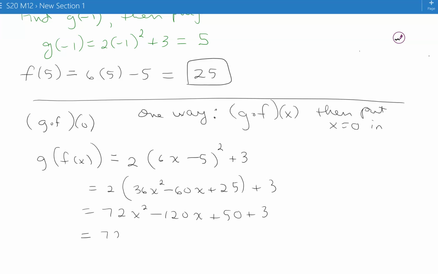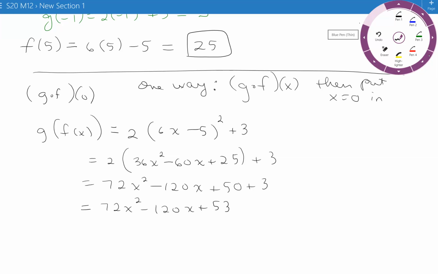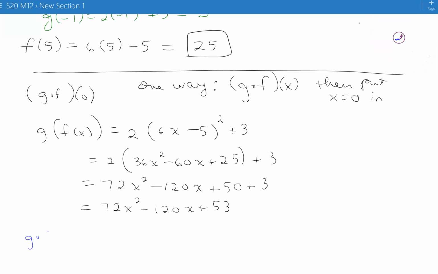And that's going to be 72x squared minus 120x plus 53. So then I'm supposed to find g of f of 0. So I'm going to put in 0 everywhere there's an x and get 53.